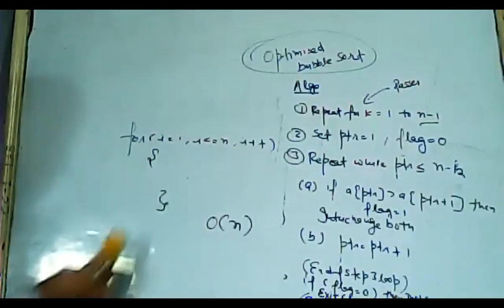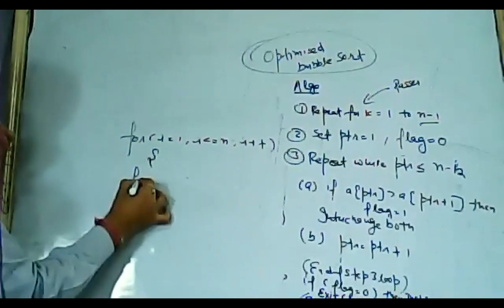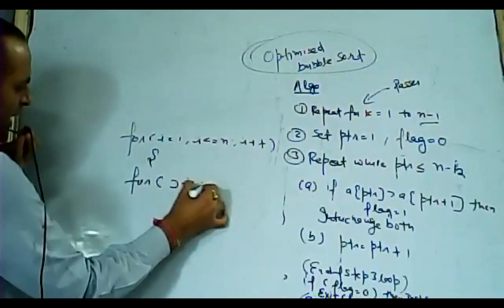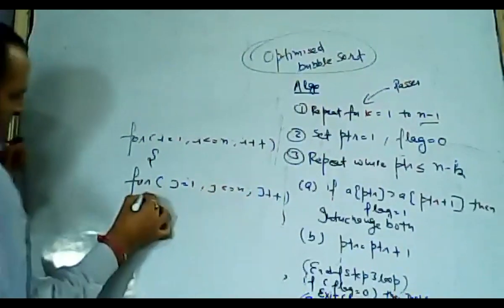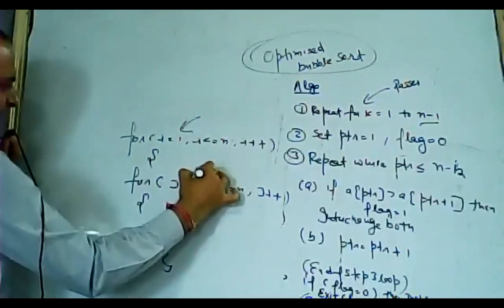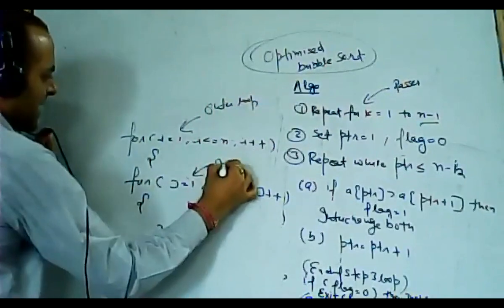Okay, let us do one more example: for i = 1 to n, for j = 1 to n, j plus plus. So this is my outer loop and this is my inner loop.